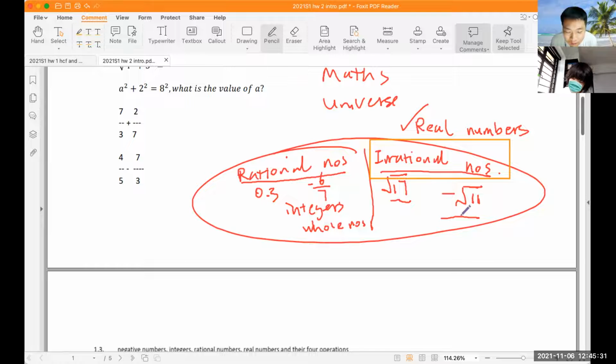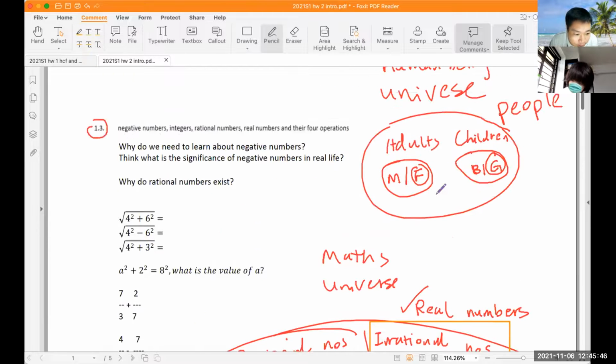So you don't have to tell me this answer doesn't make sense. For the rational number side, you have integers and then whole numbers. With this basic understanding, we can tackle this question already.